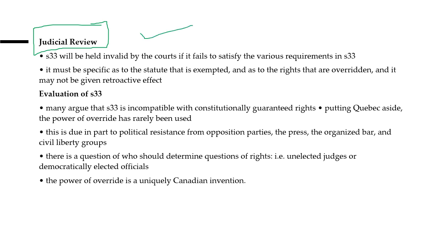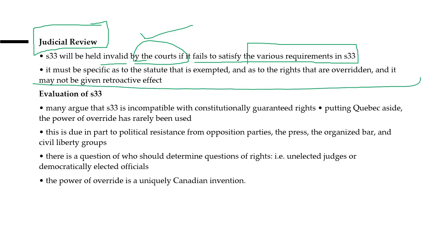So section 33 will be held invalid by the courts if it fails to satisfy the conditions mentioned under section 33. First, it must be specific as to the statute that is exempted and the rights that are overridden, and there should be no retroactive effect. If there is one of these things, then the court can say, okay, this particular declaration made by any government related to any right is invalid. We are not going to let it take effect.